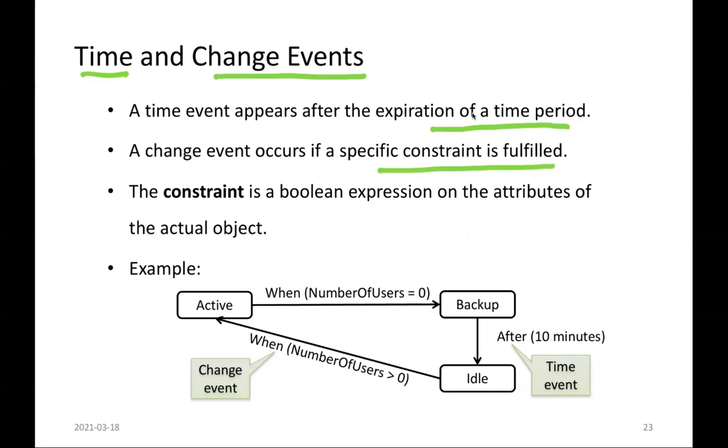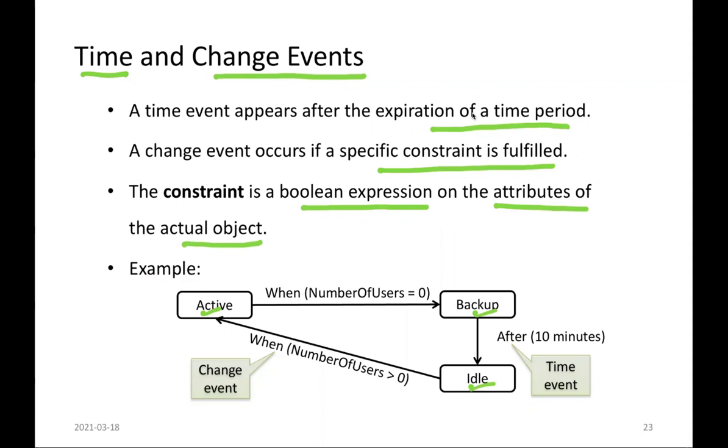The constraint is a Boolean expression on a given attribute of the actual object under consideration, as we study the transitions of this object among the different states. In the following example, you will see that we have three states: active state, backup state, and idle state. And then we have one time event and two change events.